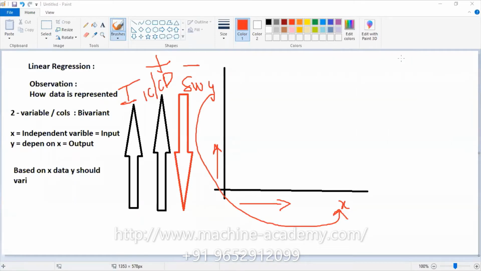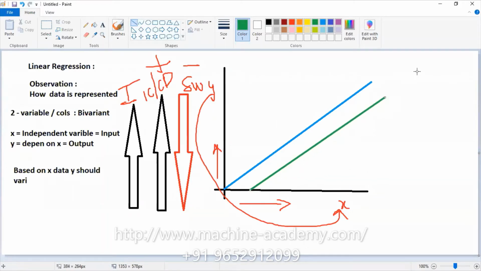Now observe carefully what we need to see here. Sometimes there will be an increment in this pattern where x is increasing and y is increasing, and sometimes we will see it in this other aspect.